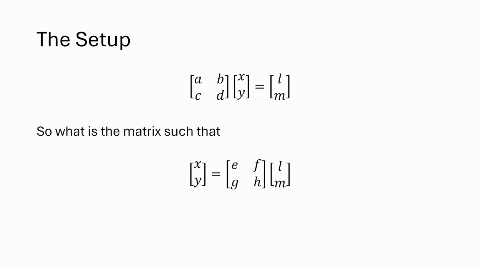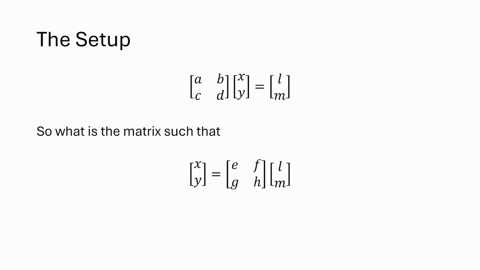We're looking for those numbers that, when we multiply the matrix EFGH times the matrix ABCD, the result is just 1. Really, it's the identity matrix. So that on the left-hand side, the only thing that remains is X and Y, which is what we're trying to solve for, the values of the variables.